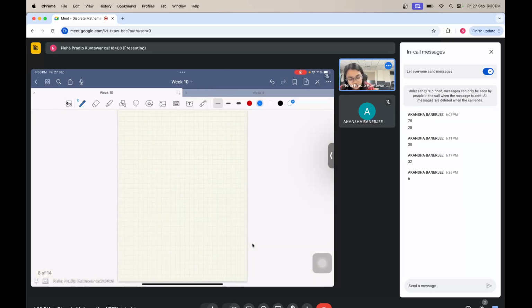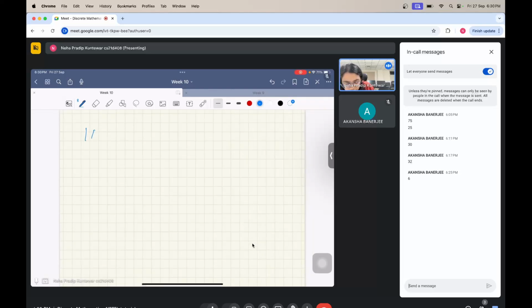So let's try to find out what is the cardinality of A. A says that this is the total number of solutions to this with this constraint. What we'll do is replace x1 with a new variable.